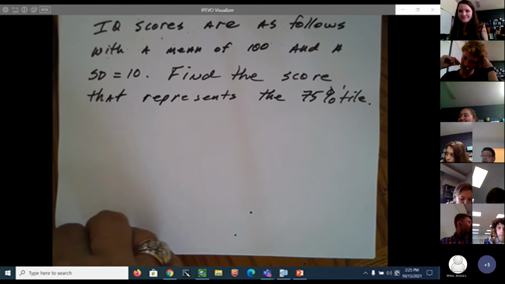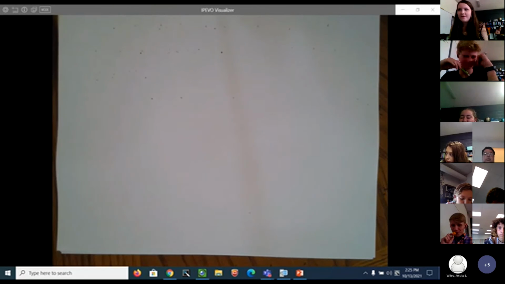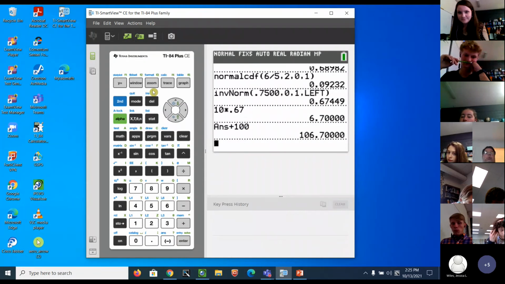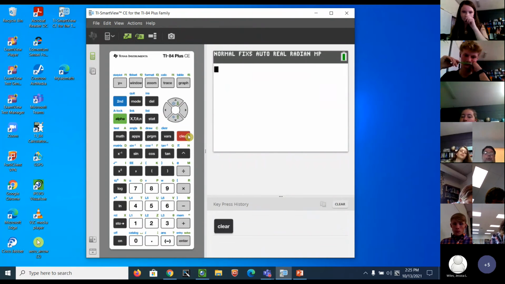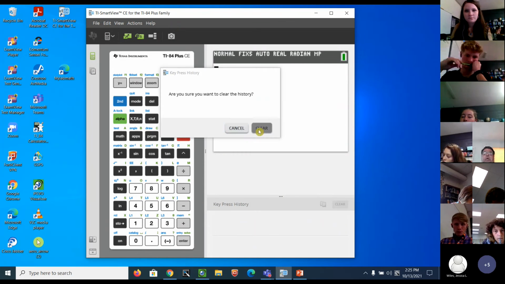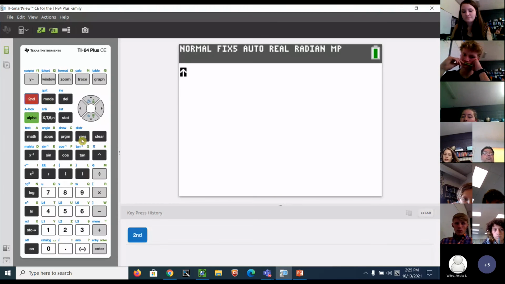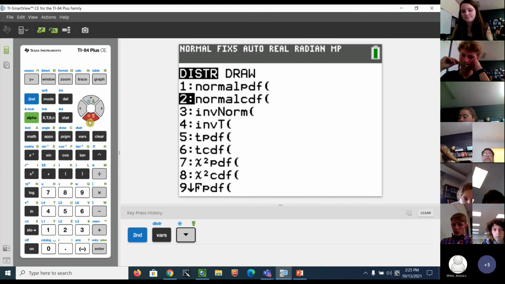Now, to find the area, I just assumed that y'all understood how to do this. I'm sorry. Let me go over the calculator. So I'm going to clear everything, and I'm going to clear here also. And your key that you're using for the area is second vars normal CDF.